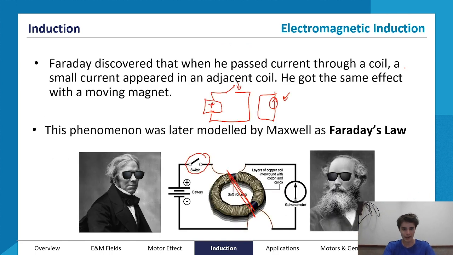So flicking back a couple of slides, we can go back to this situation and see what was happening. When you turn the current on in this field, suddenly we have some kind of current flowing through the wire. And because we know from our right-hand grip rule, that's going to induce a magnetic field. We go suddenly from having no current to having some current, which means we go from having no magnetic field to having some magnetic field.